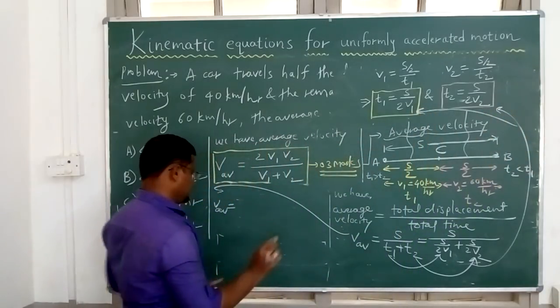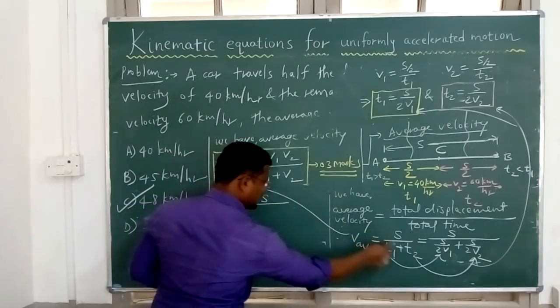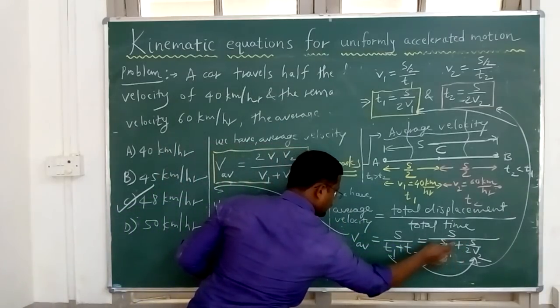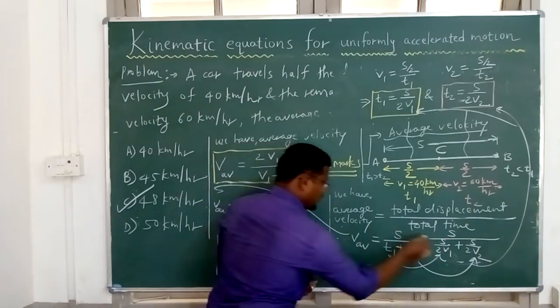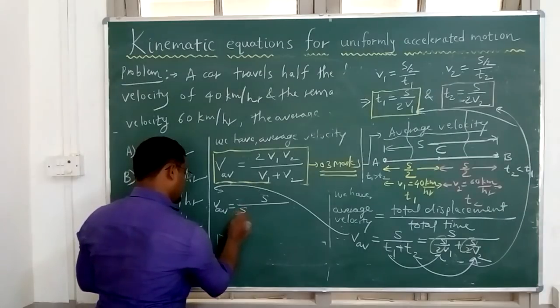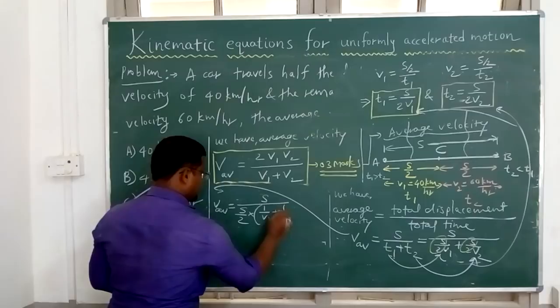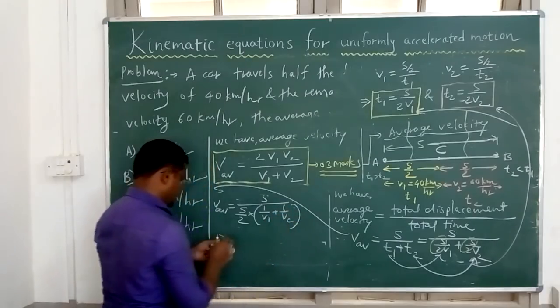Now I have got more space to write. S as it is I will write in the numerator, denominator S by 2 common, and inside this we remained with 1 by V1 plus 1 by V2. So what will happen?